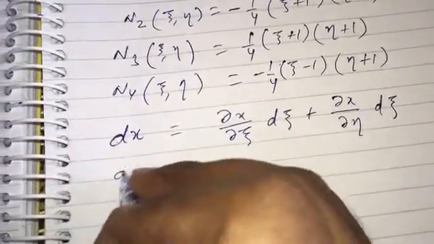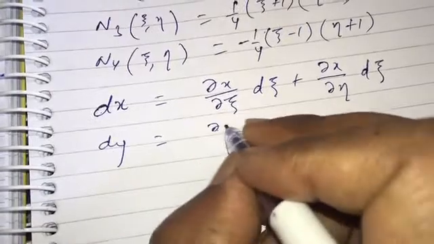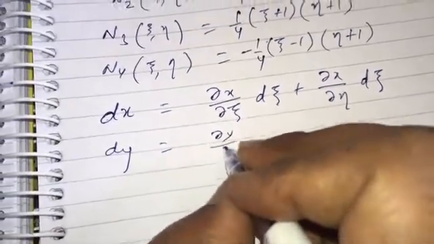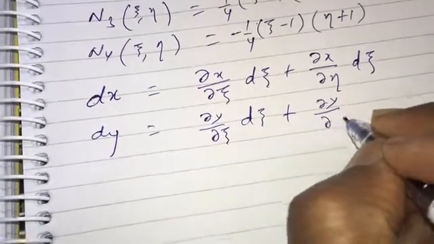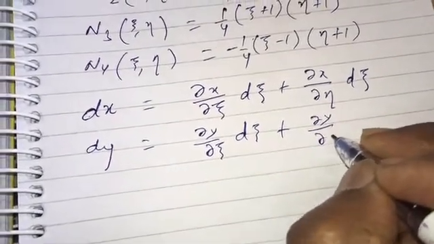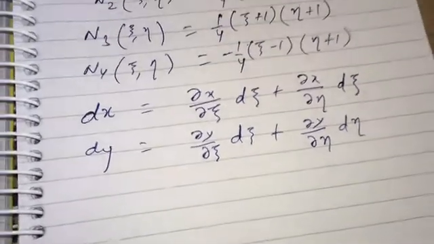And similarly dy is equal to del y over del xi d xi plus del y over del eta d eta.